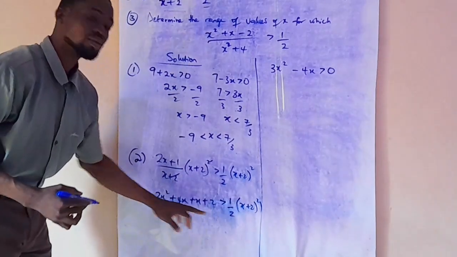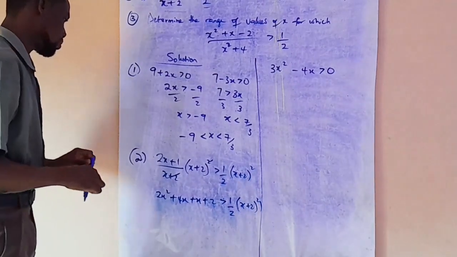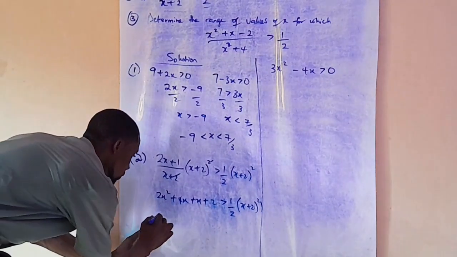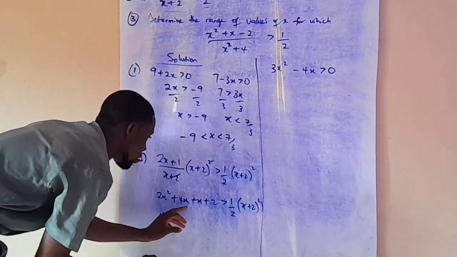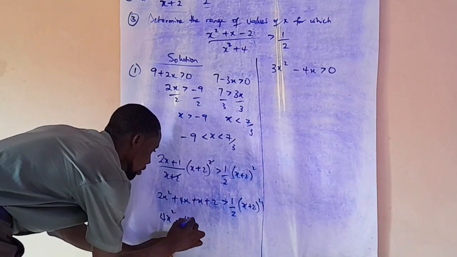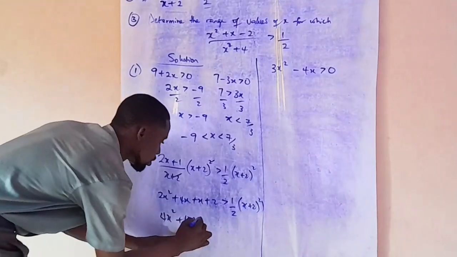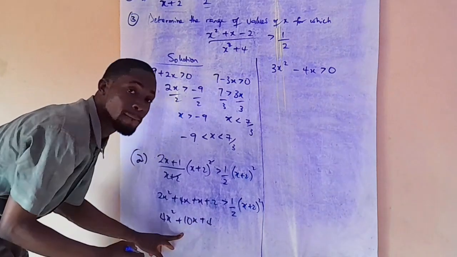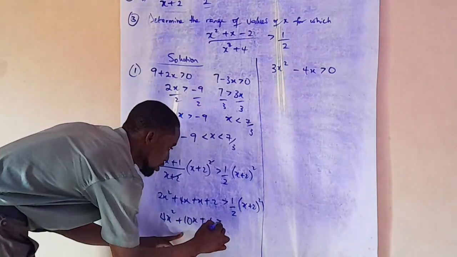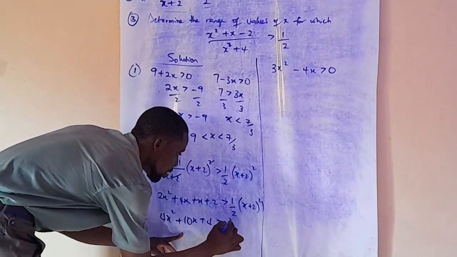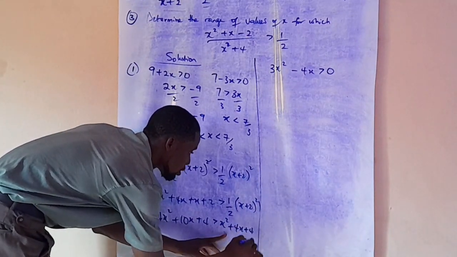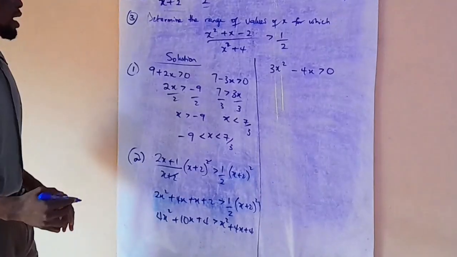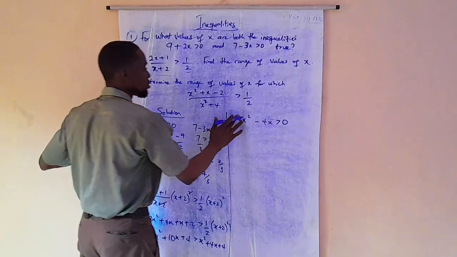Now you can bring this to the left hand side to have 4x squared plus 10x plus 4. Expanding the right hand side, I have x squared plus 4x plus 4.